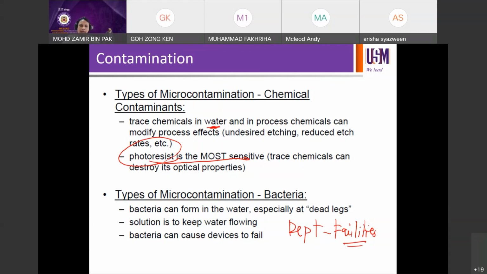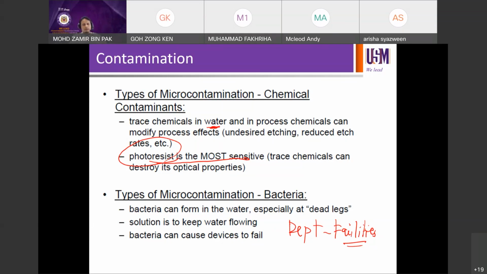Okay, there are i-line 365, DUV 248, argon fluoride 193. And then up to EUV, extreme UV 13.5 nanometer illumination wavelength. So every group of lithography equipment, with its respective illumination wavelength, has its own category of photoresist.